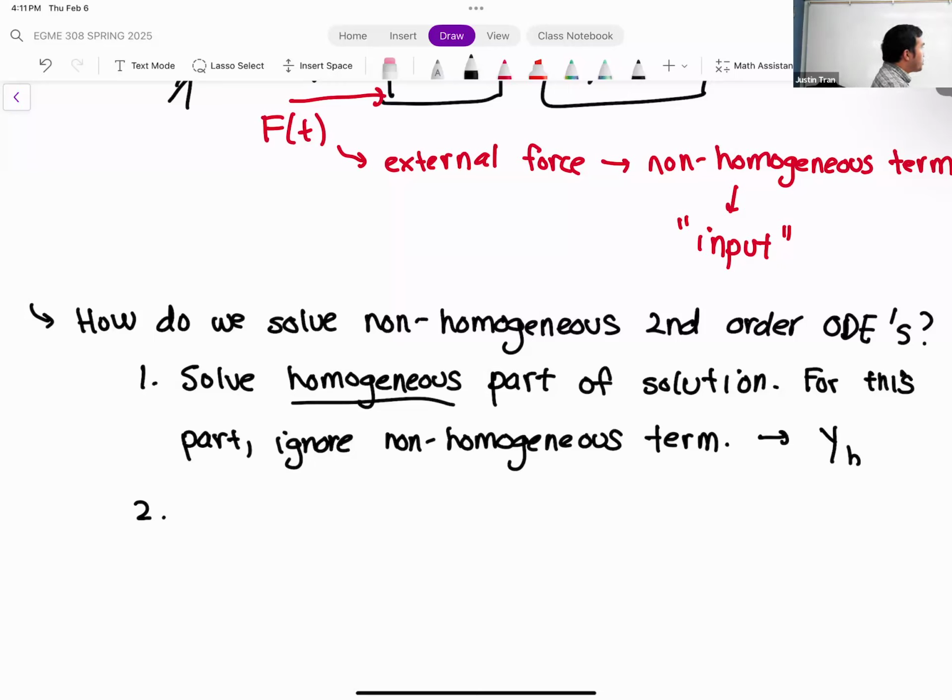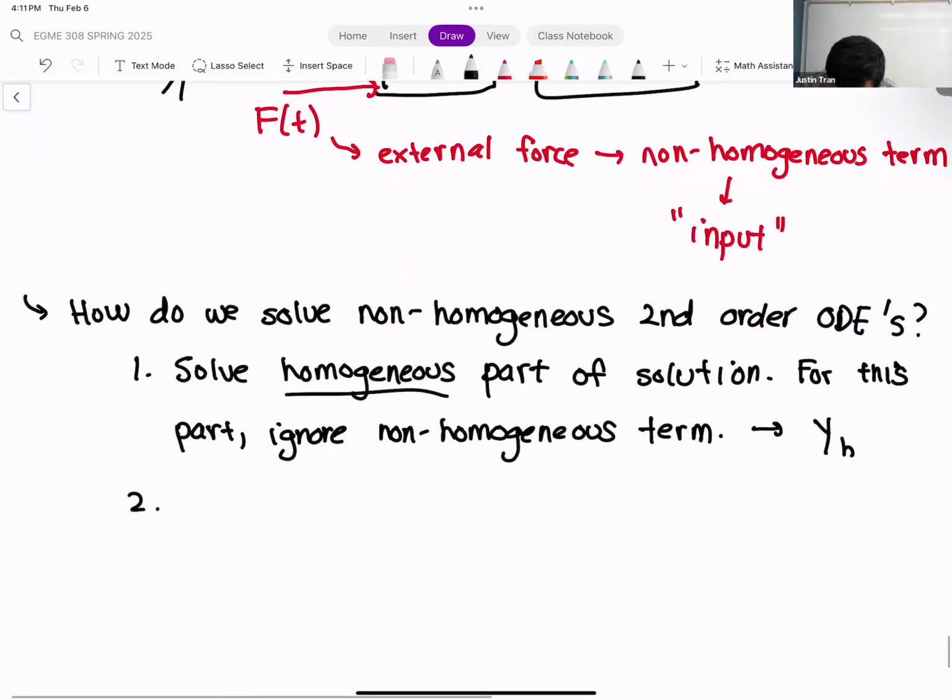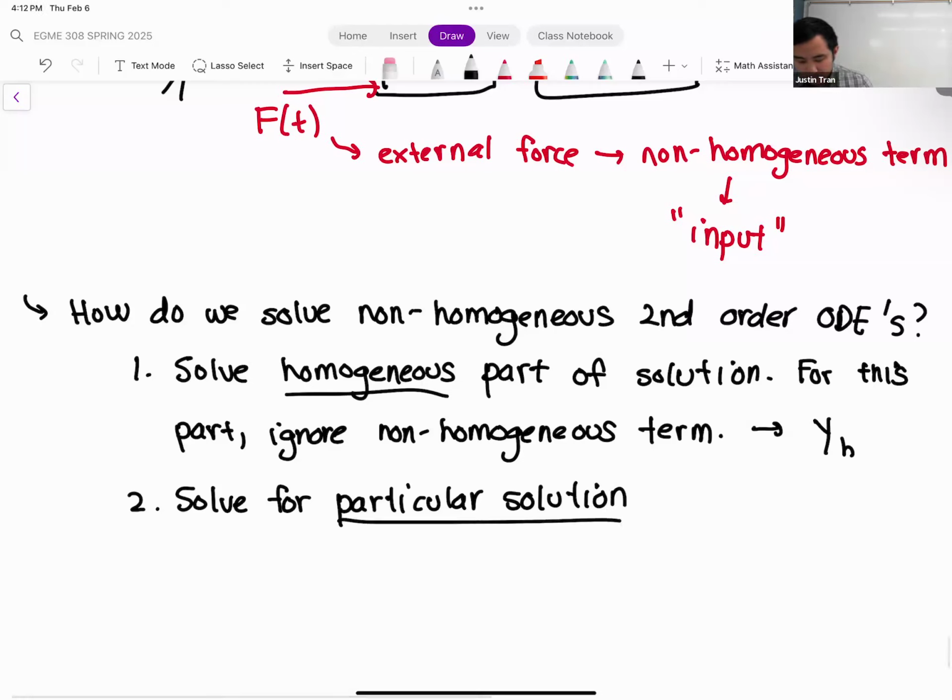All right, step two. Once you find the homogeneous part of the solution, then you have to solve for what's called the particular solution. This is where the non-homogeneous term will start to come into play.